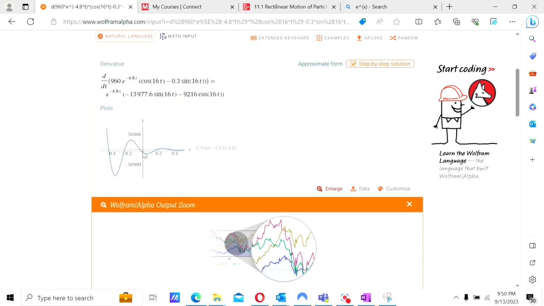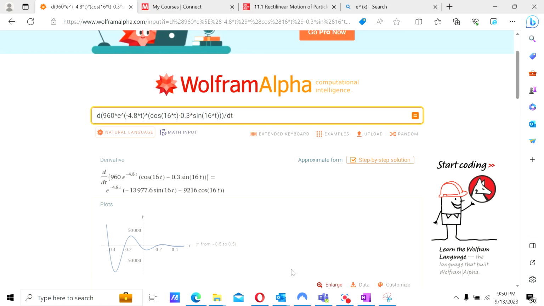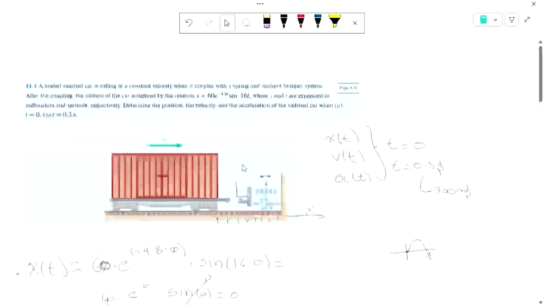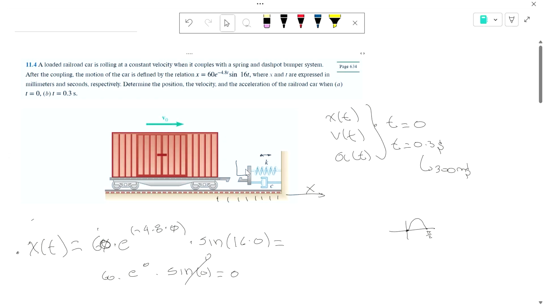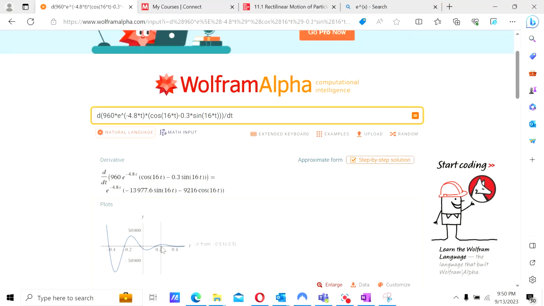This is negative 9,000, and then it goes positive. Why? Because when you look at the train, it is going to the right hand side and then to the negative direction, to the left hand side. And since it's already buckled or hooked, it's going to come back and forth until it completely stops. And then you can see that stopping mechanism right here after 0.5.